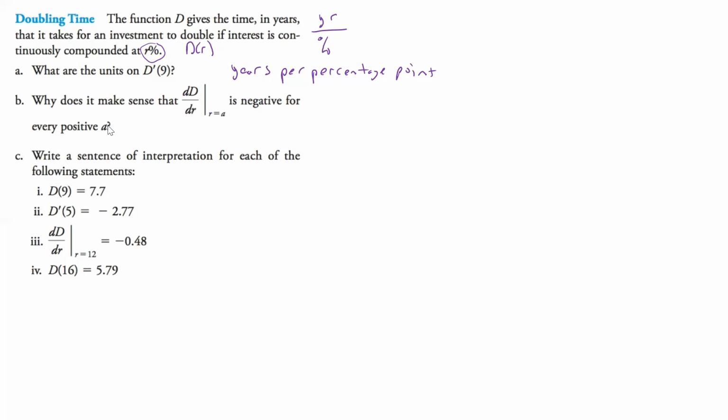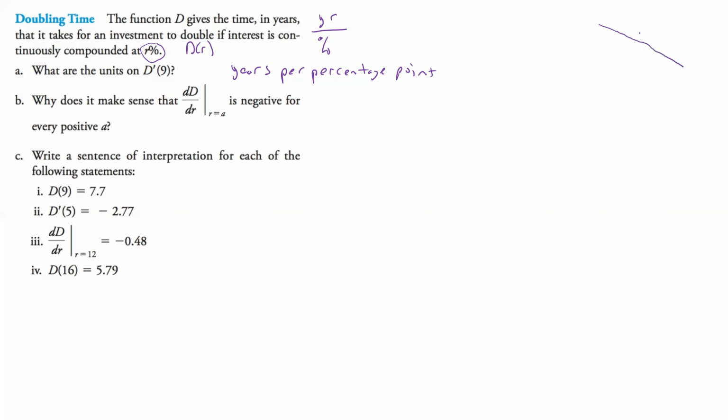Okay. Now, why does it make sense that our derivative at a is negative for every positive a? Well, the number of years it takes for an investment to double, if it's compounding continuously, if we're increasing a, what's going to happen? Well, the time to double is going to go down. It's going to keep going down and down, and I don't know what the shape of the curve is.